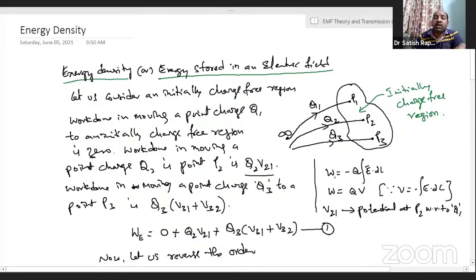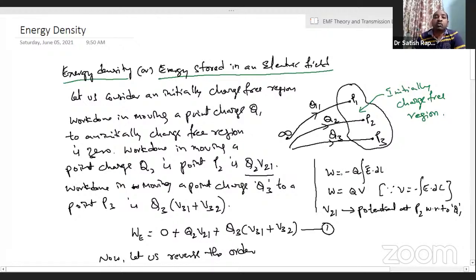Now, work done in moving another point charge Q2 to point P requires energy. Why? Because already Q1 is placed, so already Q1 is there. Therefore, electric field will be developed. When there is electric field, we need energy to move Q2, and that energy is Q2 V21, where V21 is the potential at point P2 with respect to Q1.